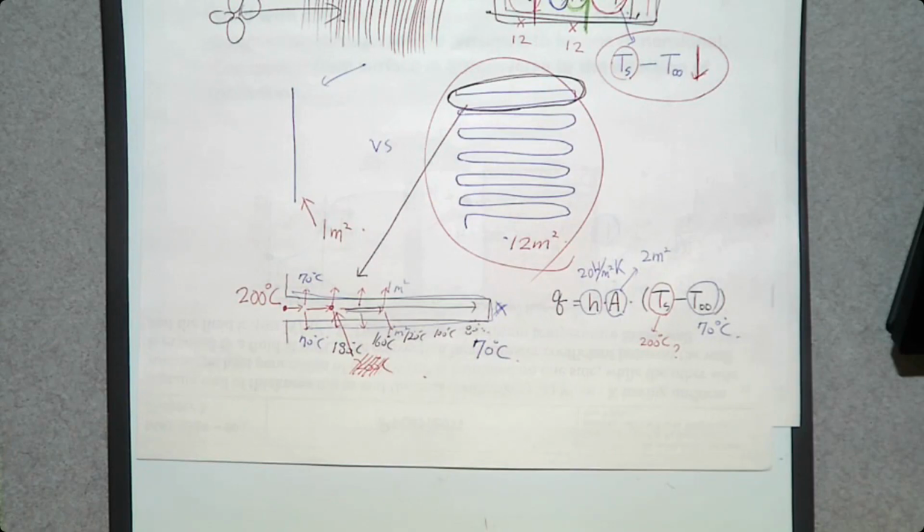No. 100? No. Then what is the temperature value here? That is not a fixed temperature. This Ts changes in this way. So can we use this equation? Not anymore. Whenever we have a fin, you cannot use that convection heat transfer equation. So we need to come up with another equation. That is called fin analysis. That's what we are going to study.